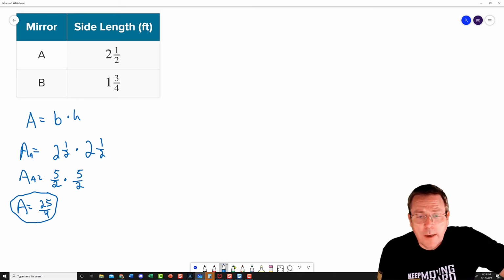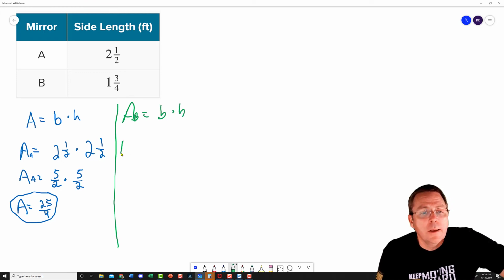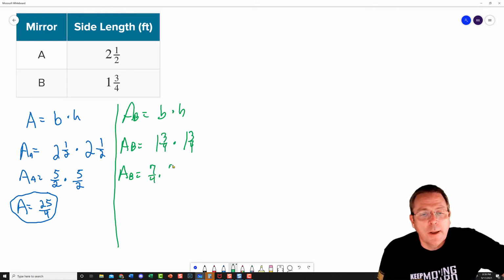From here, we're going to work on square B. So I'm going to say area sub B is equal to base times height. Area sub B is equal to 1 3/4 times 1 3/4. Area sub B is equal to 4 times 1 is 4, plus 3 is 7 over 4 times 7 over 4.